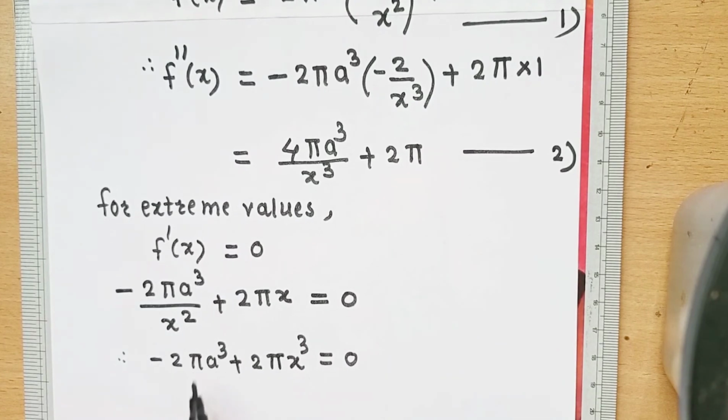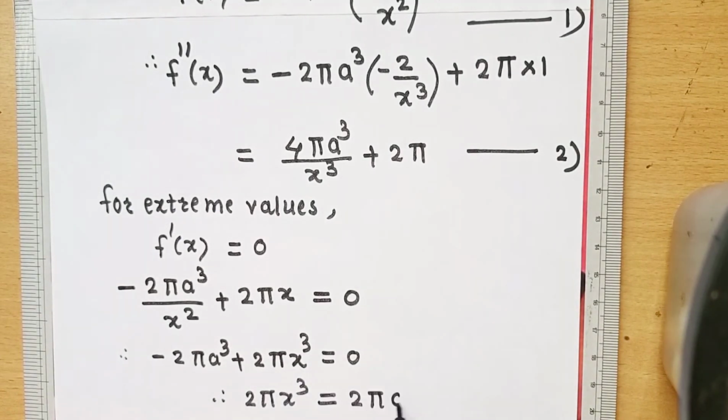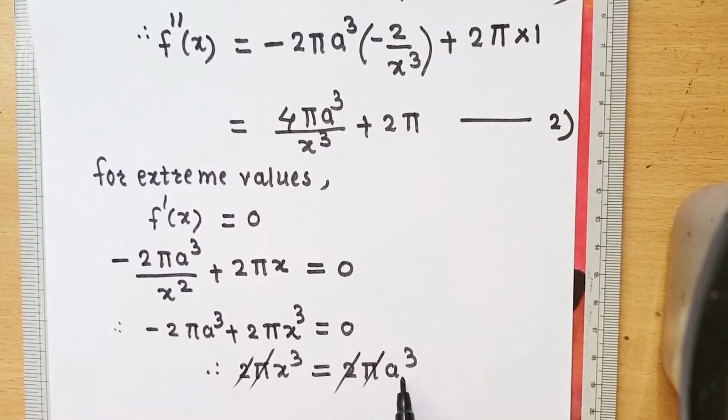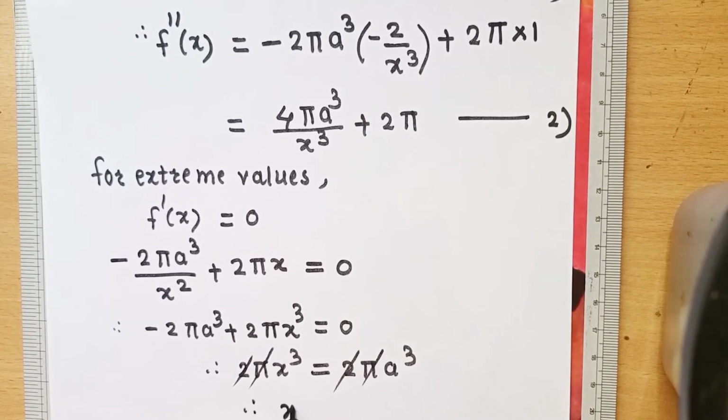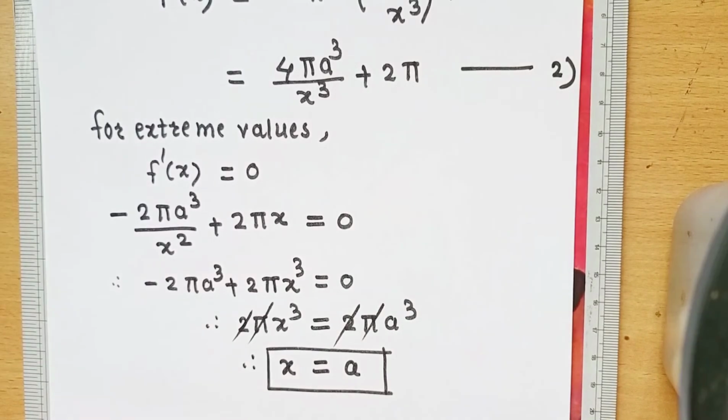So we have this. Now move this term there. Therefore 2 pi x cube is equal to 2 pi a cube. So from both sides 2 gets cancelled, pi gets cancelled, x cube is equal to a cube. Take x is equal to a. So we have got the radius of the base is a centimeter.